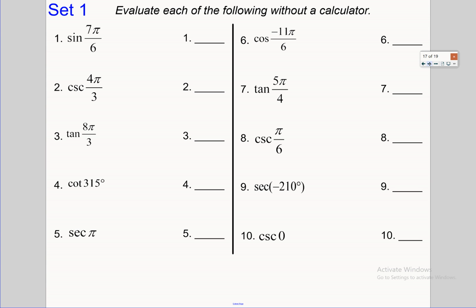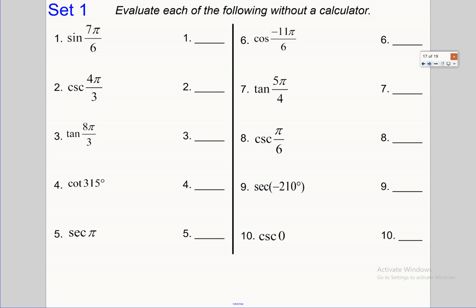Another way to remember it, if you have a coordinate, you can think long, short to get to that point. Long is rad 3 over 2. Short is 1/2. And we know if it's at 45, it's isosceles, so medium, rad 2 over 2, rad 2 over 2. So there are some ways to figure out what the point is without even writing it down. So sine 7 pi over 6, we said it's 30 degrees away.